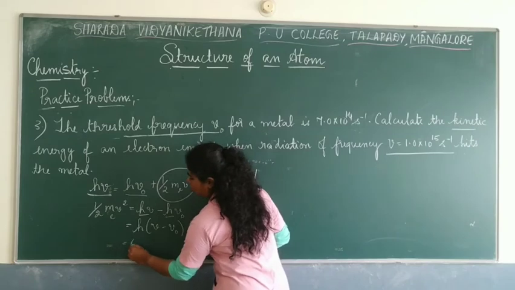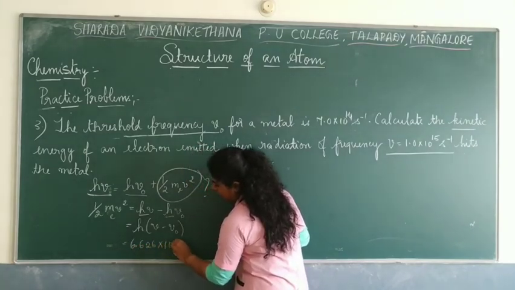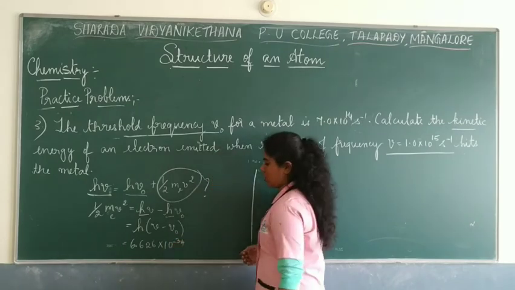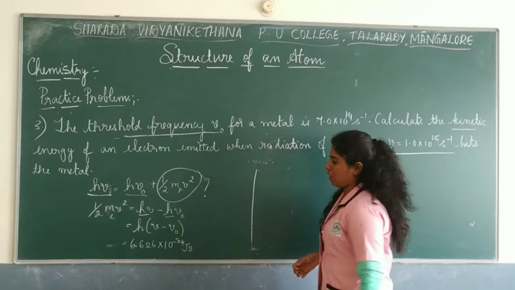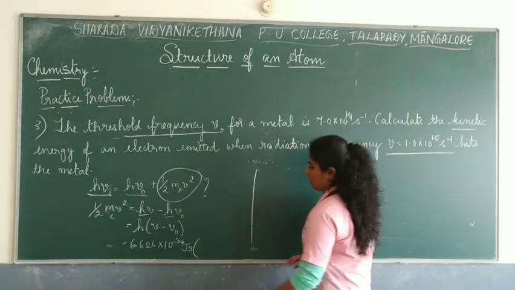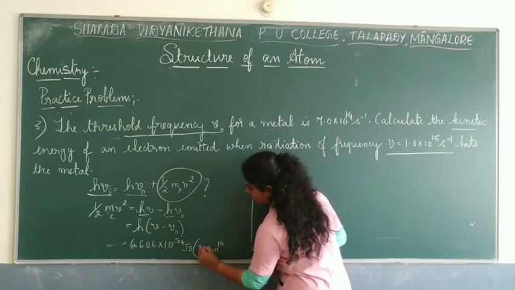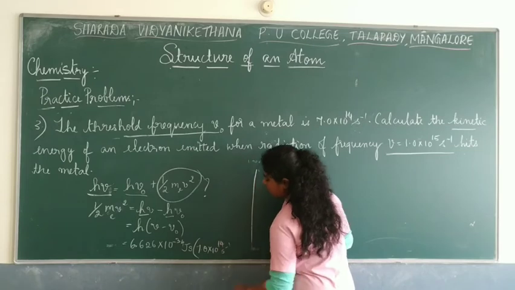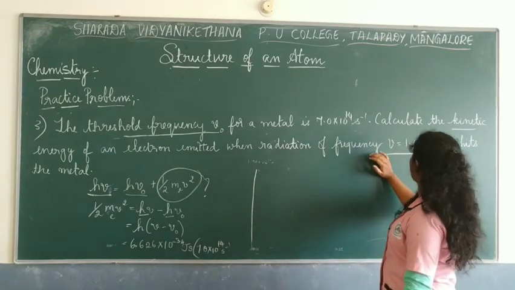So 6.626 into 10 to the power minus 34. What's the unit? Joule seconds, into mu, which is given. How much is it? 7.0 into 10 to the power 14 second inverse, into what's mu naught?